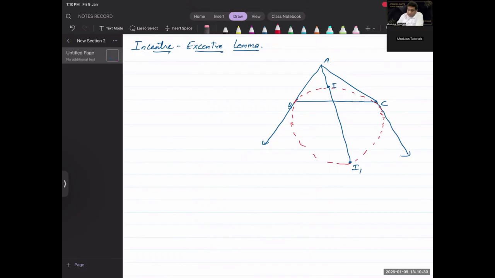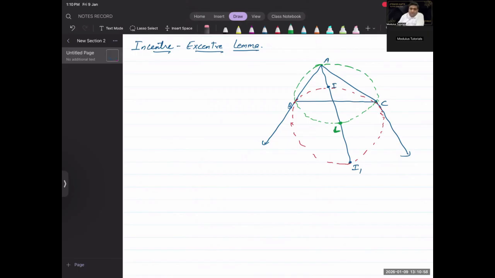Now there will be a circumcircle of ABC also, right? So what we need to understand, guys, is let's say this circumcircle is intersecting this AI1, this internal angle bisector at L.